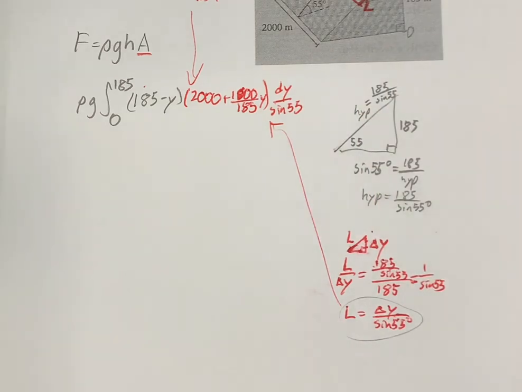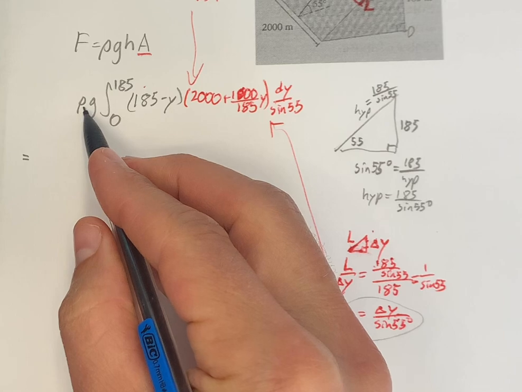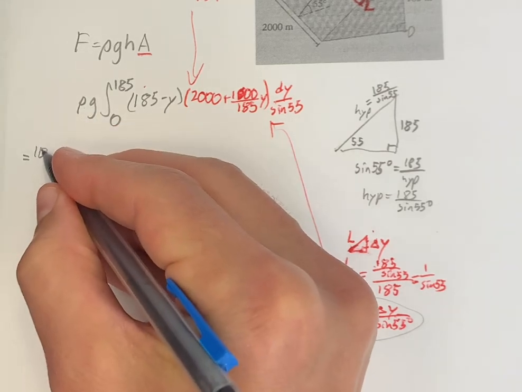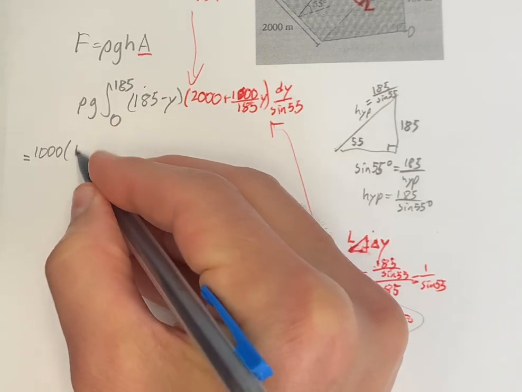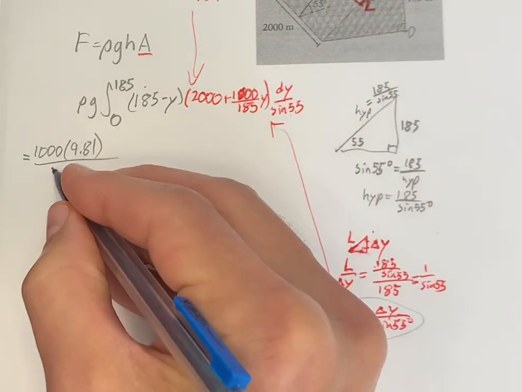And so this is the integral we actually have to calculate. We usually make the assumption that the density of water is 1,000, that gravity is 9.8. We can pull that sine 55 out.